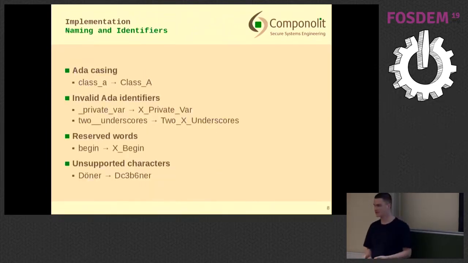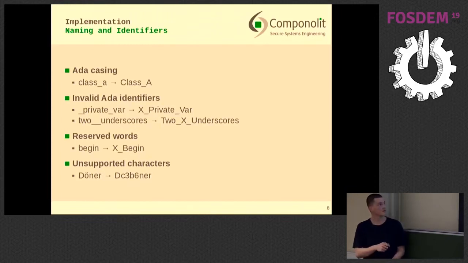How do we fix the naming problems I told you about earlier? So at first we apply Ada casing. I don't know if this is in the standard, but it's good practice. So uppercase at each beginning of a word, delimited by underscores.